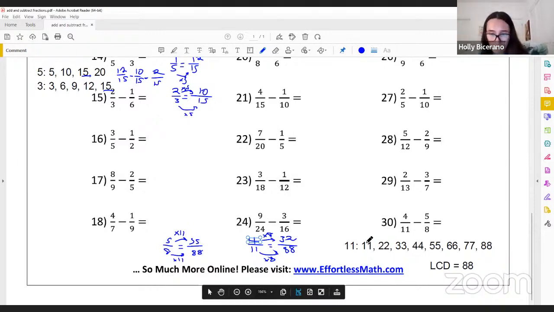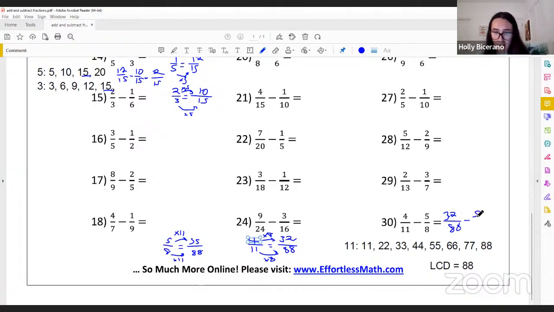So now let's go ahead and do this subtraction. Looks like we're going to be dealing with negative numbers in this one. So we have 32 over 88 minus 55 over 88. And it's negative because you have a smaller number minus a bigger number, right?